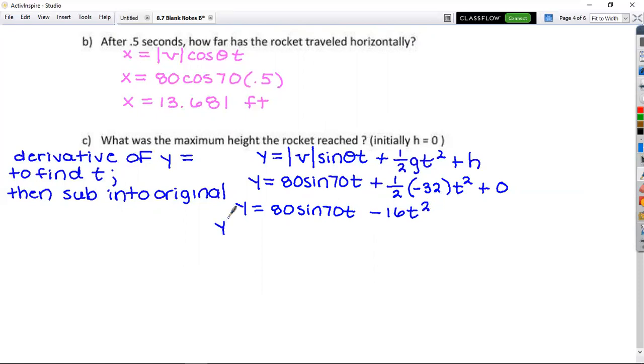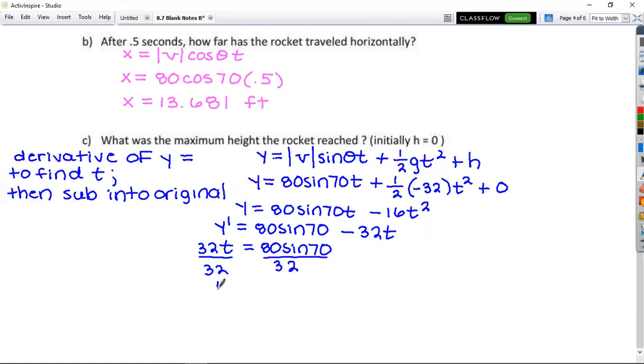So derivative of my y equals vertical equation is 80 sine 70, because just coefficient, minus power down in front, minus 1 off exponent, so 32t. Okay, so you're going to bump your 32t over to the left-hand side and solve. So 32t is equal to 80 sine 70, and divide by 32, divide by 32.